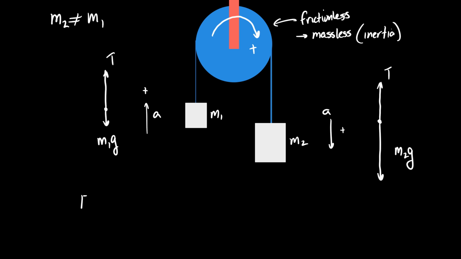Write that here. T minus m1g equals m1a. And on the other side, m2g minus tension equals m2a. Please notice I changed the direction for positive on the other side. Positive is downward, so the weight is positive and the tension is negative.